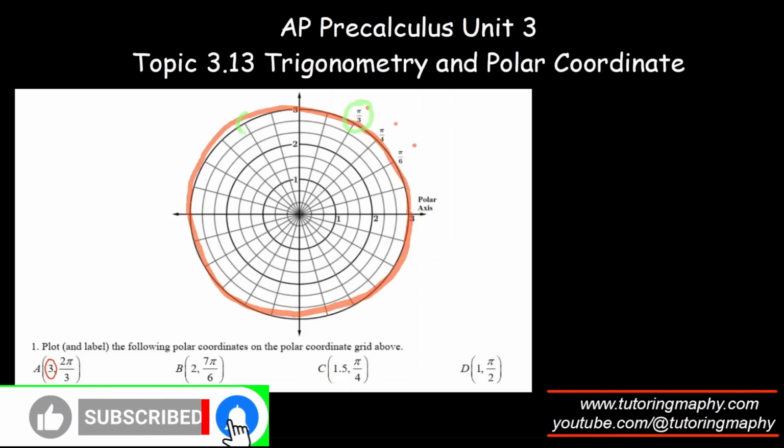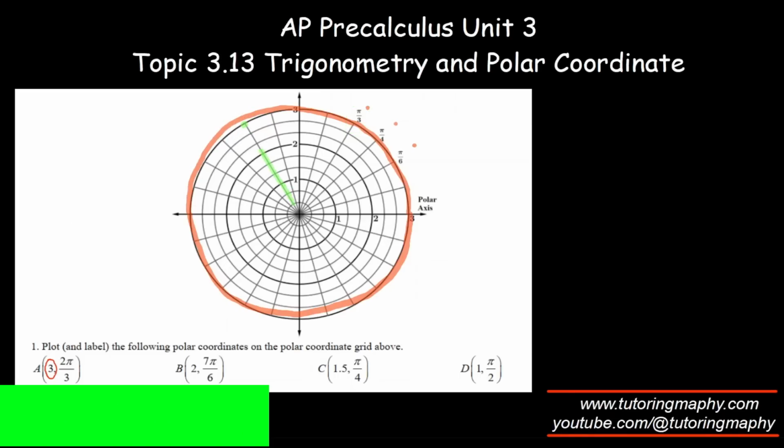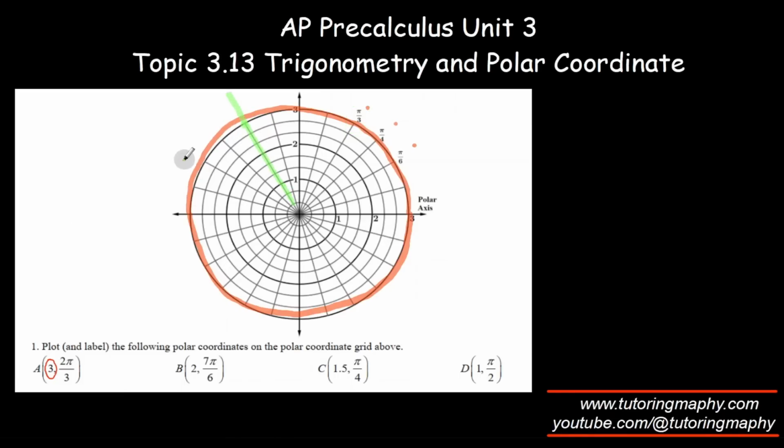So 2 pi over 3 will be exactly here. This is the line that corresponds to 2 pi over 3, and where the red circle and the green line intersect, that is our point. So I'm just going to erase this and plot the point A right here. This is the point A.